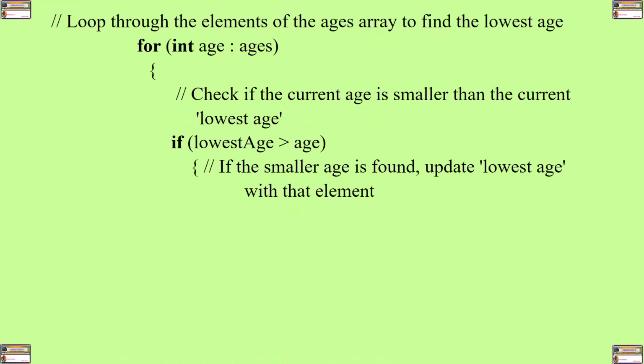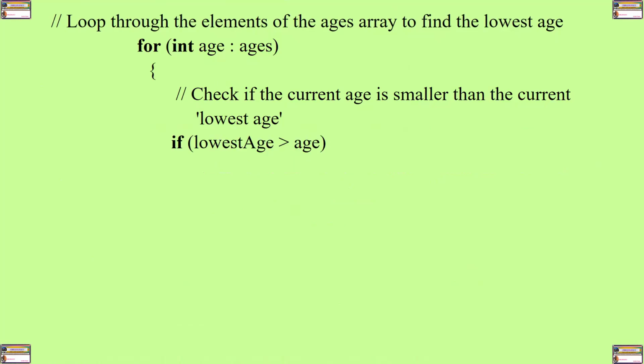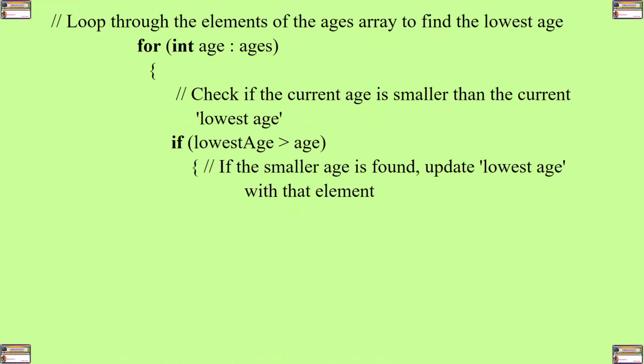In other words, if the current value of the memory location called lowest age is greater than the current value of age, it simply means that that value of age is less than the current value in the memory location called lowest age. So pick the current value of age and assign it in the lowest age variable.